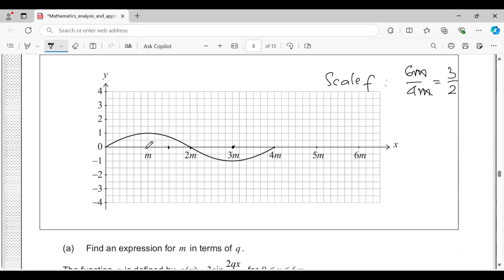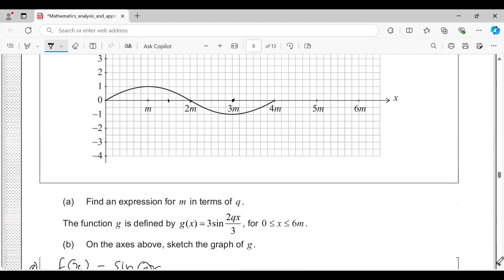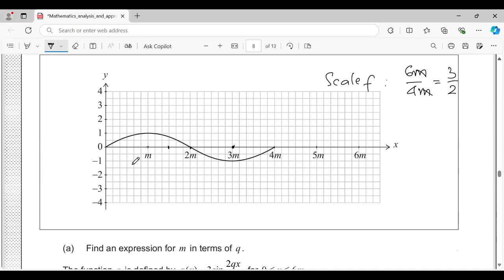Okay, and the amplitude, based on this function, is 3. So the amplitude 3 here.